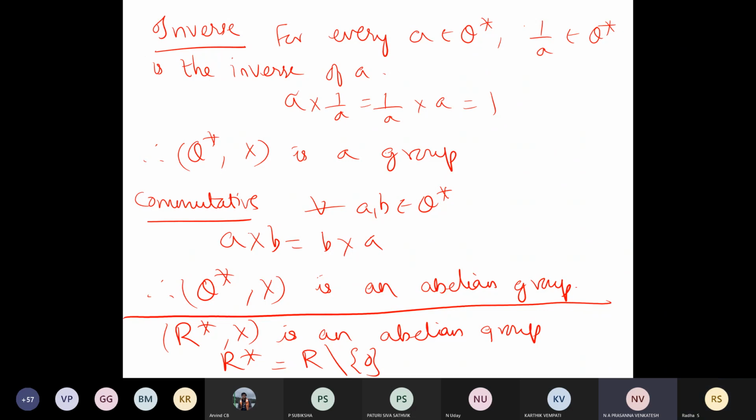Ma'am, in Q star, can we add all the irrational numbers also and say that it forms a group, like all the fractional numbers except 0? If you add all irrational numbers to Q star, what is that? It will become real numbers.